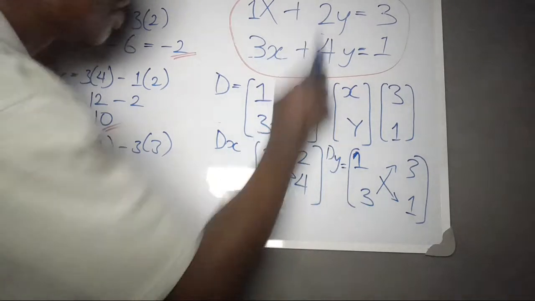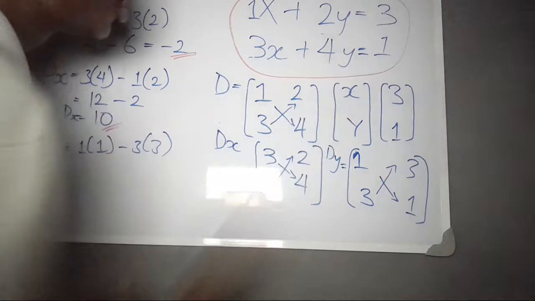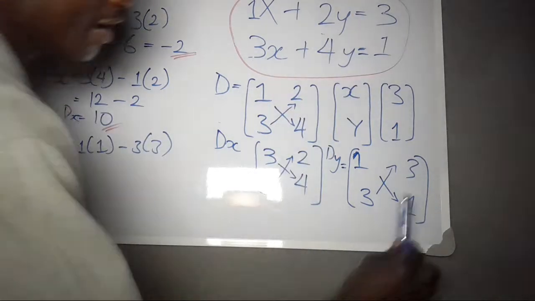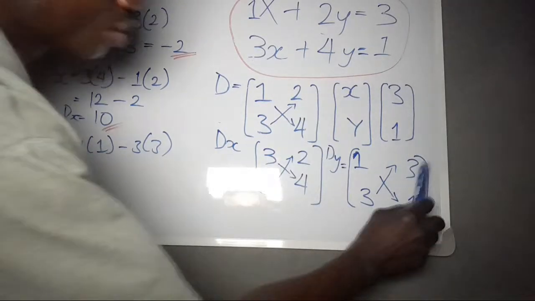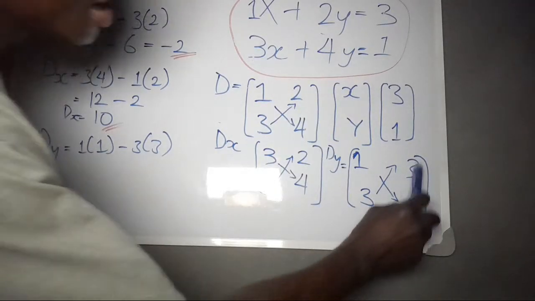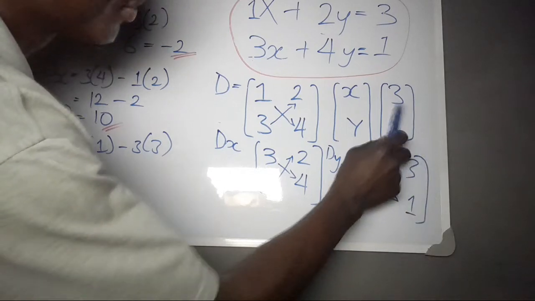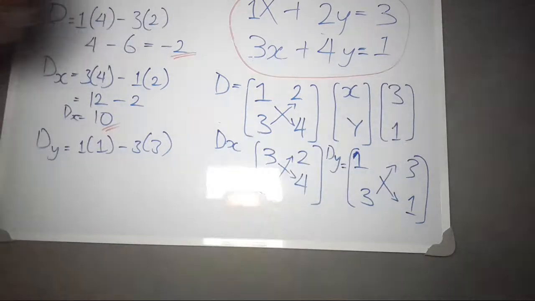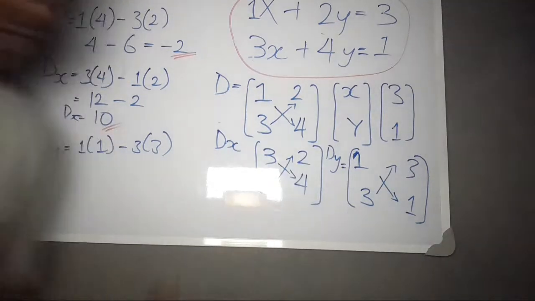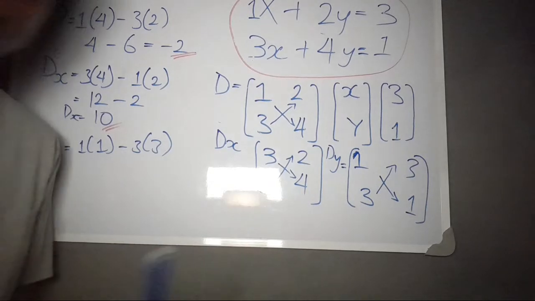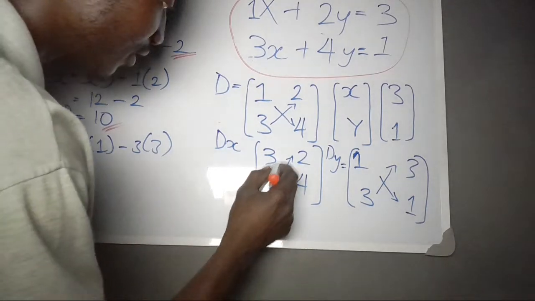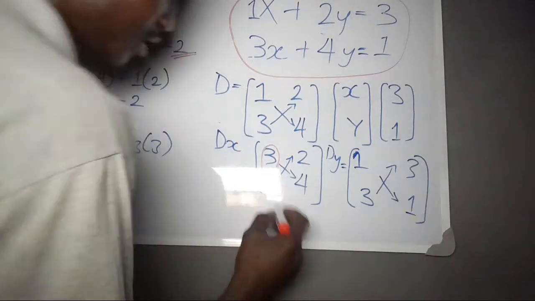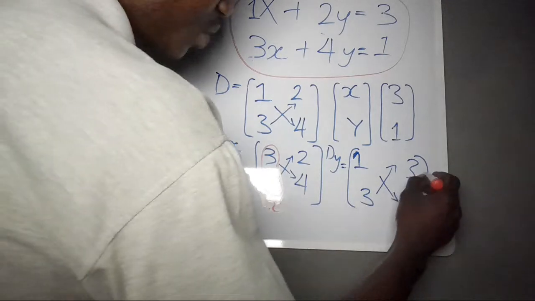The coefficient of y is substituted to what the equation is equated to. So then, instead of 2 and 4 being here, it was substituted with 3 and 1, which is what the equation is equated to. I don't know if that is clear enough now. It's the same thing we did for x. And this is for x. And that's x. And this is y.